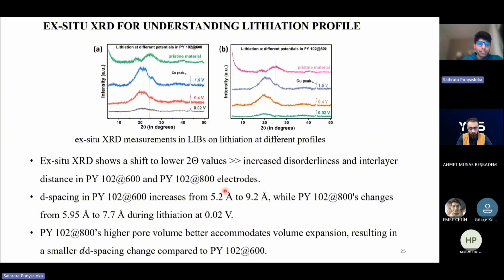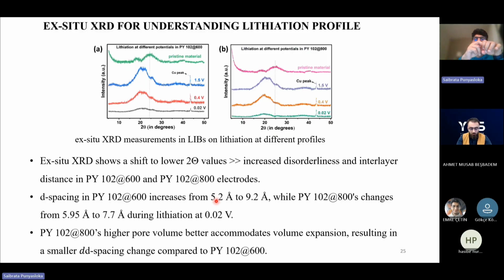So if you see the d-spacing in 600 change from 5.2 to 9.2 angstroms, okay? But in 800, it changes from 5.95 to 7.7. So the difference over here is pretty low compared to the difference in this. And that is because now there is a smaller pore structure in 600.